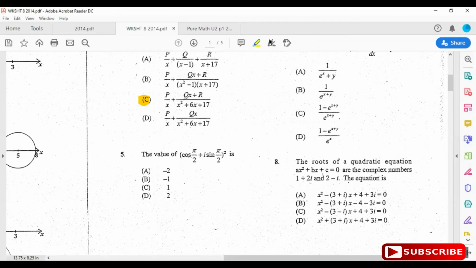Just to remember, De Moivre's theorem states that cosine n theta plus i sine n theta is equal to cosine theta plus i sine theta to the n.